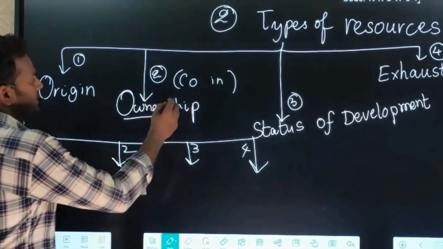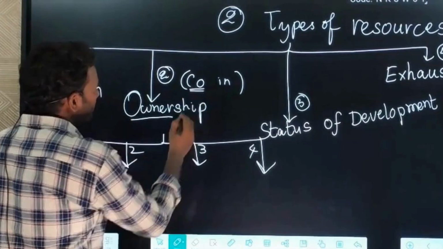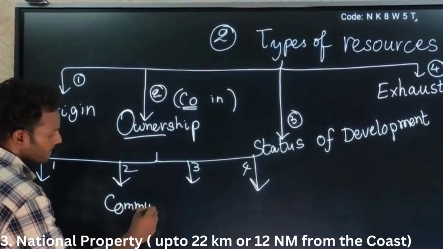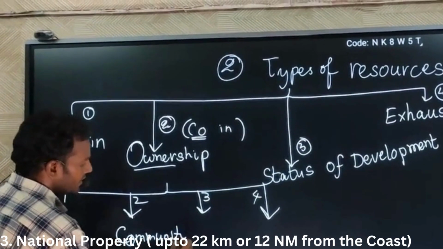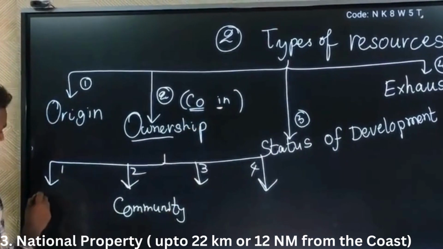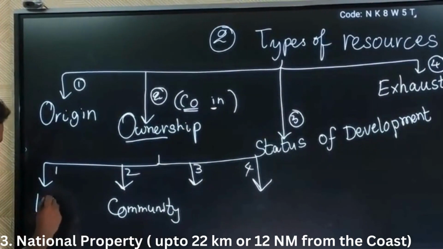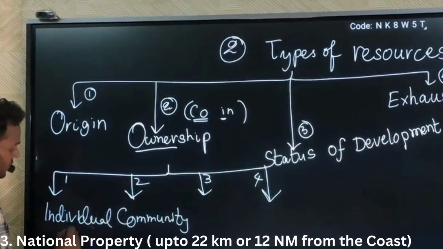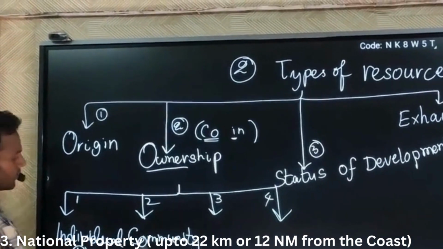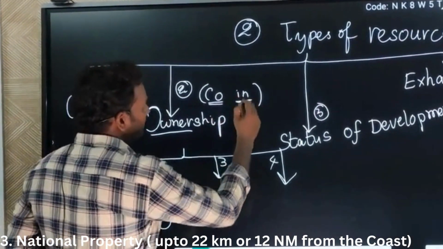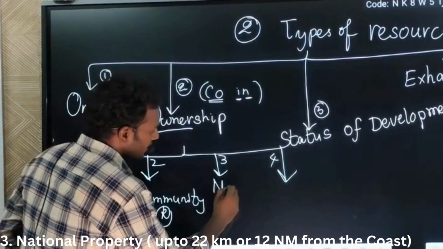See here, CO stands for community resource. I stands for individual resource. Second point, N stands for national resource or national property.